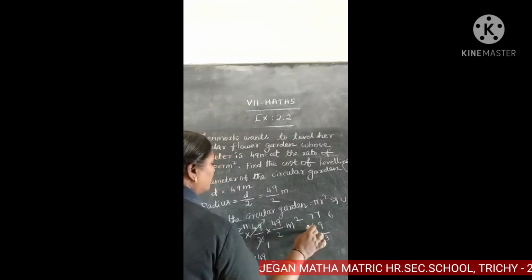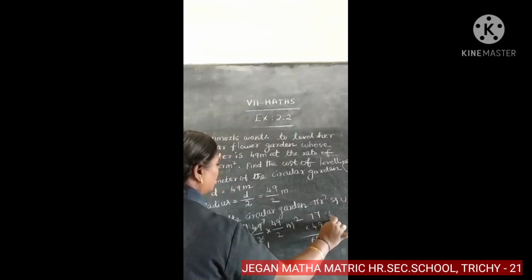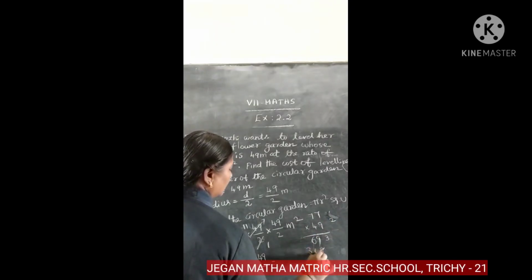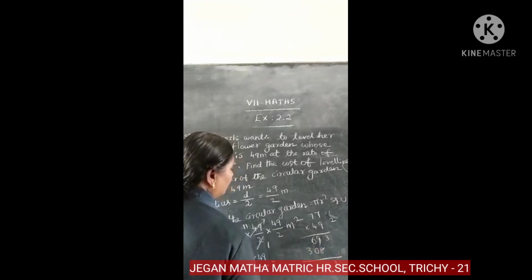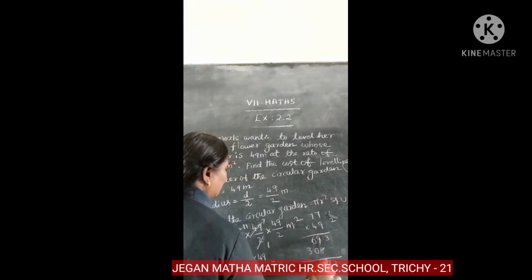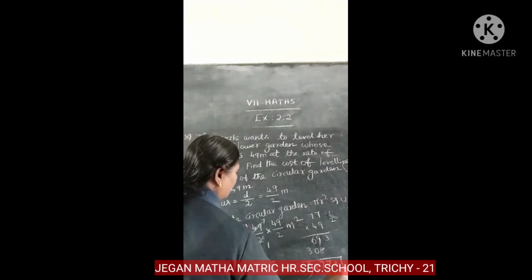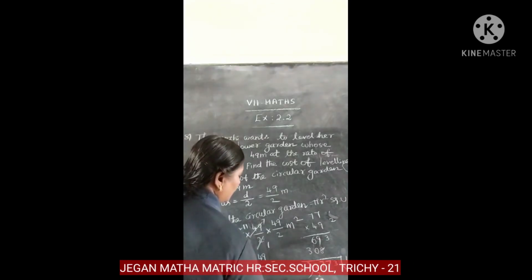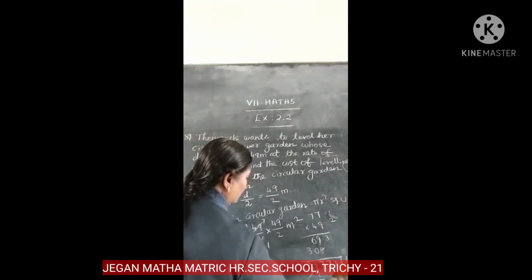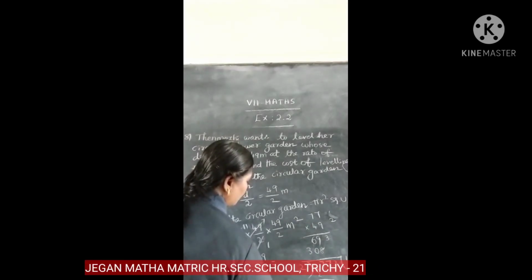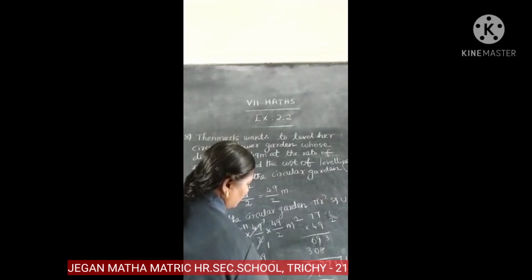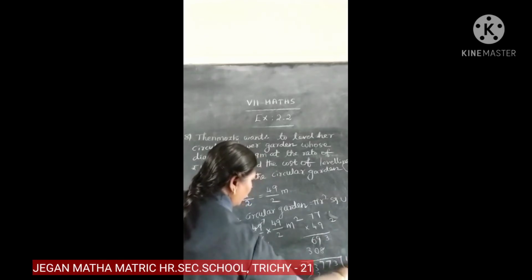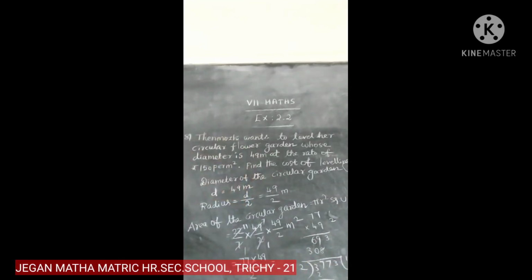Then fourth table, 4 7s are 28, remainder 2. Then 4 7s are 28, 28 plus 2, 30. So adding now, 3, 9 plus 8, 17, remainder 1, 7, 3. So divided by 2, we have 1 2s are 2, remainder 1, 17, 8 2s are 16, remainder 1, 30, 6 2s are 12, remainder 1, 0.5 2s are 10.